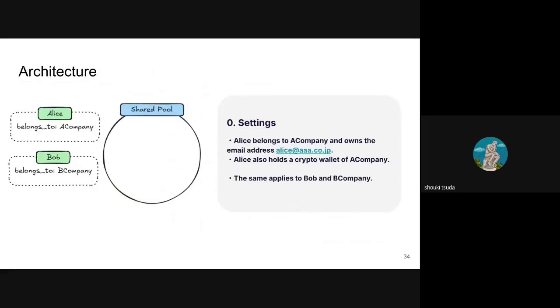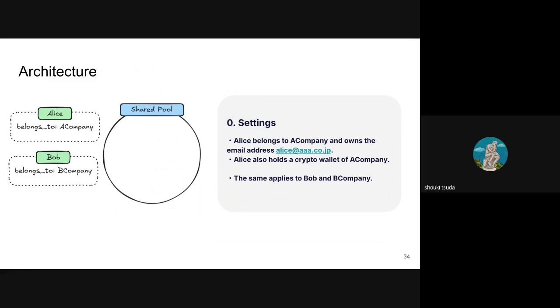And let's first set up the situation we want to solve. Alice belongs to a company, and her email address is alice@aa.co.jp. Alice also holds a crypto wallet of A company.